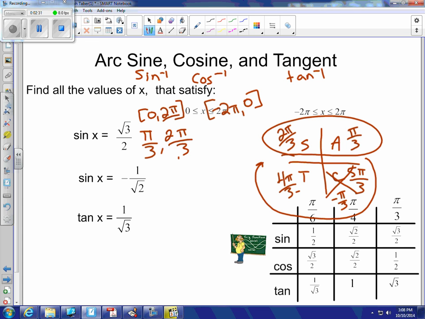And then there's negative 2 pi over 3. Again, not going to help us. How about negative 4 pi over 3? That will help us. And then we have negative 5 pi over 3. Okay?